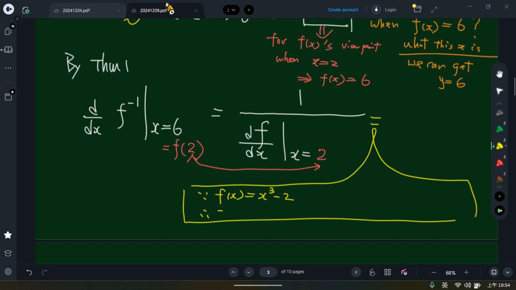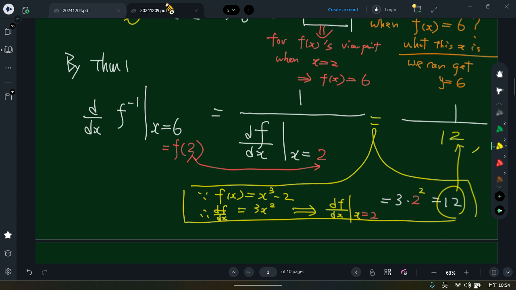Then we can get f prime is equal to 3x squared, so that we can have df dx when x is equal to 2 as 3 times 2 squared. So that will be 12. So finally, the answer will be 1 over 12. This is the answer.